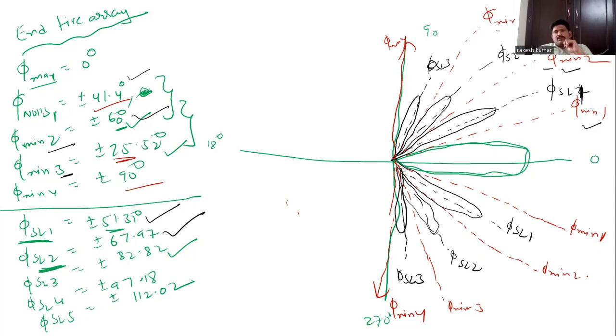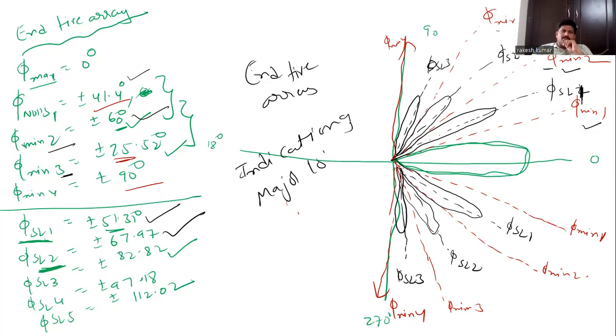So this is how we can draw the radiation pattern of an end-fire array, indicating major loops, side loops, and null directions. Now, other things also you can calculate.